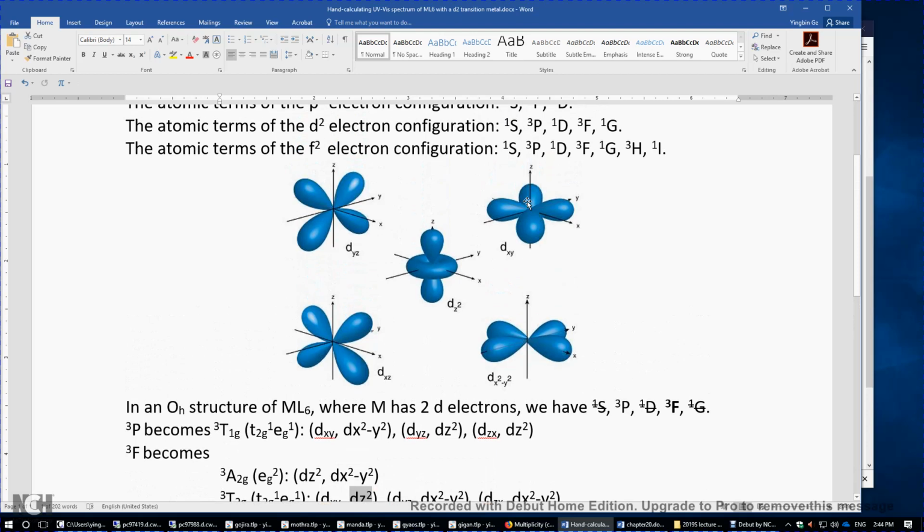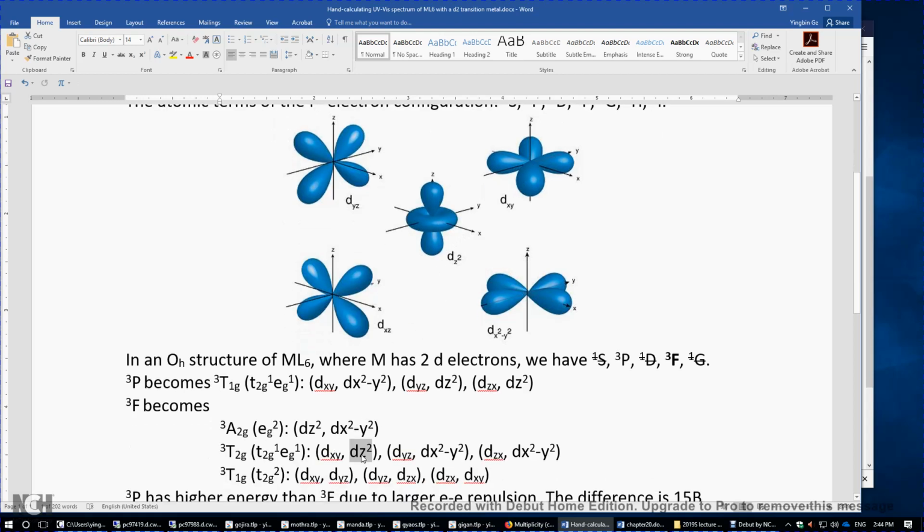So if we put one electron here and one electron here, again, these two orbitals are in general perpendicular to each other. They don't share the same plane. Therefore, this two has less repulsion than between these two. Again, this two has a larger repulsion because dxy and dx squared minus y squared share the same plane.